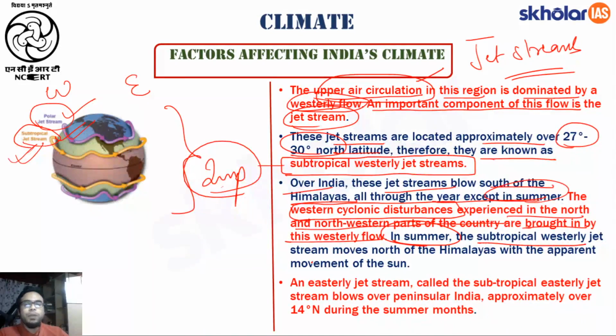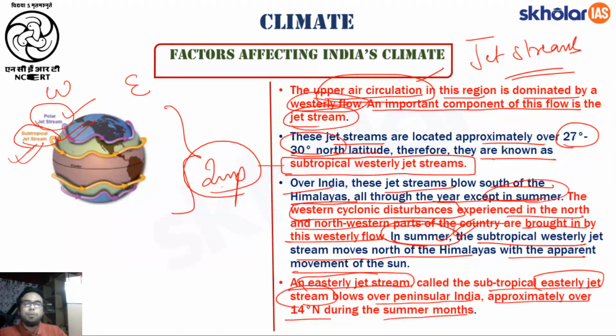And in the summer what happens? This subtropical westerly jet stream will move north of the Himalayas, meaning it will no longer be present in the Indian subcontinent during the summer, because the sun has moved towards the north, and as the sun moves north, the jet stream also moves north, right? An easterly jet stream, which is called the subtropical easterly jet stream, blows over the Indian peninsula approximately over 14 degree north during the summer months.